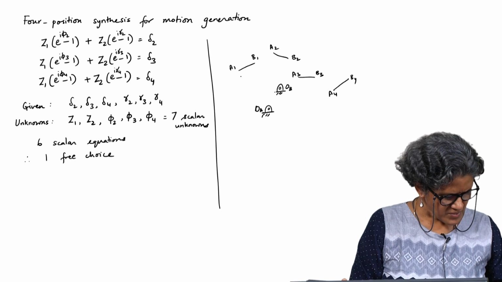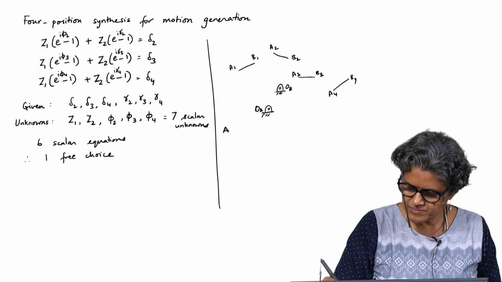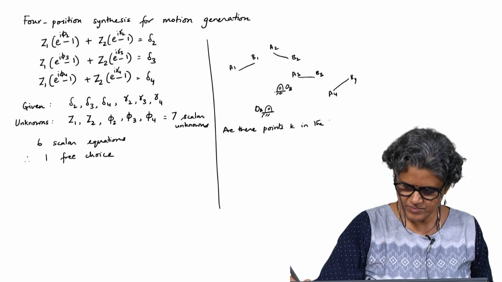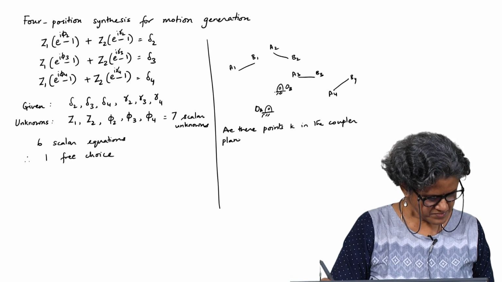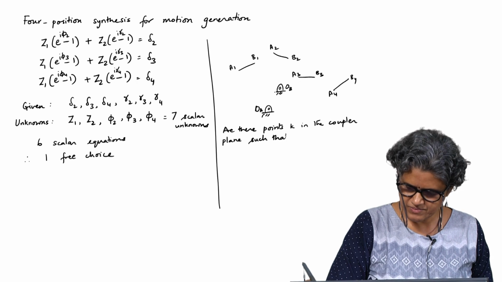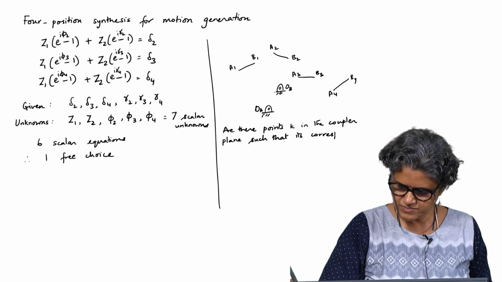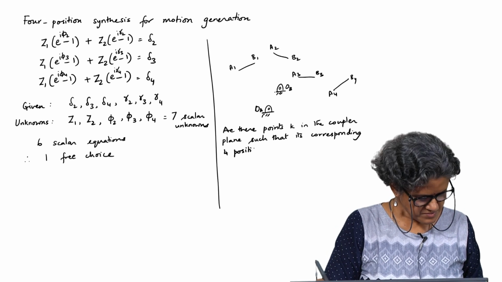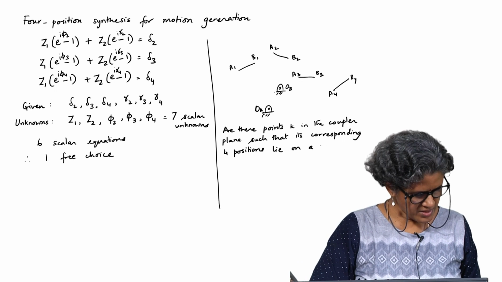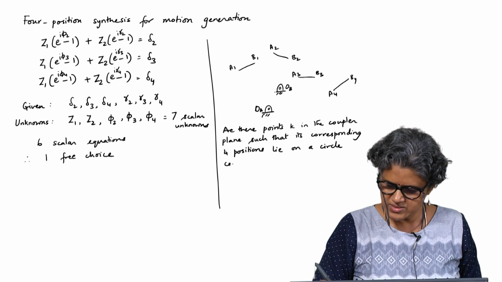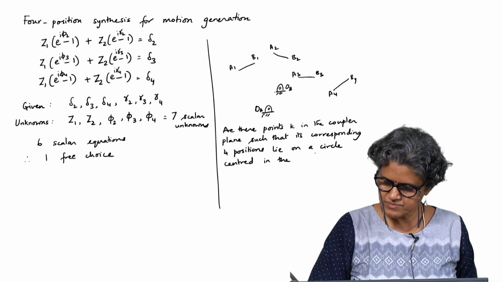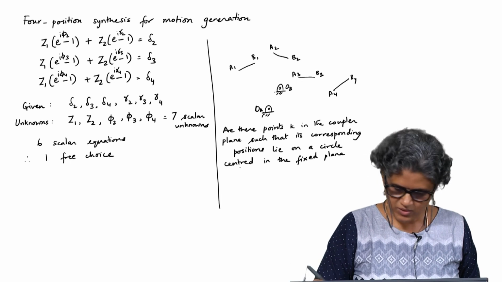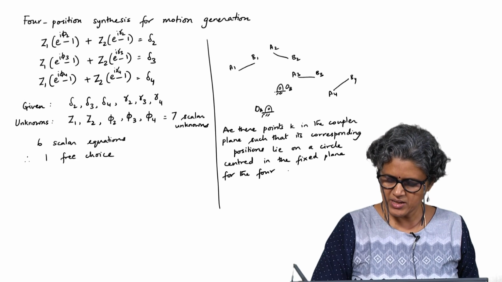So, are there points K in the coupler plane such that its corresponding four positions lie on a circle centered in the fixed plane, for the 4 arbitrary positions of the coupler.